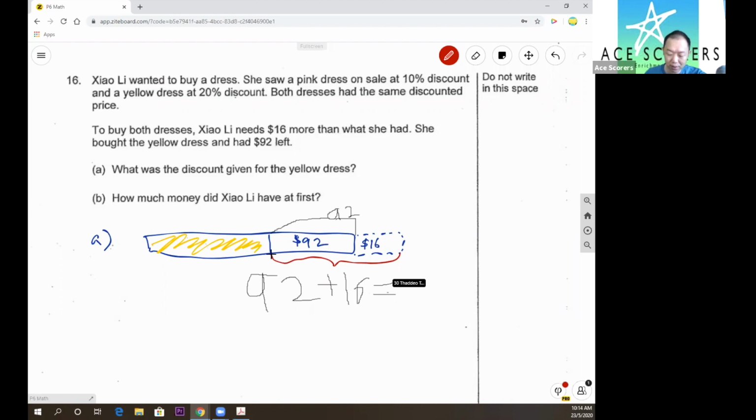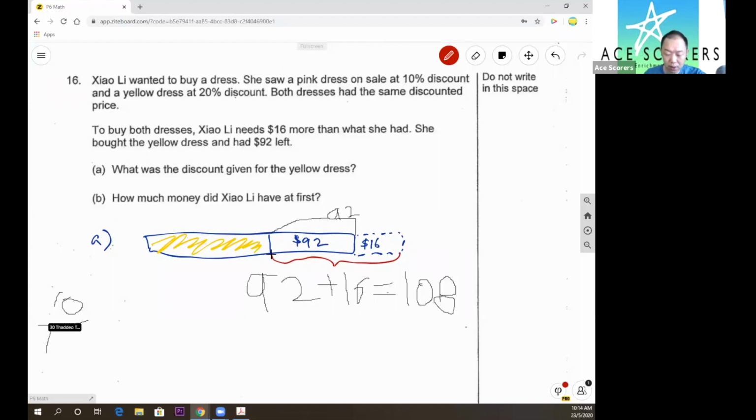So by drawing a diagram, we can immediately see how much a pink dress costs. So the pink dress costs 108. The yellow dress also costs 108.